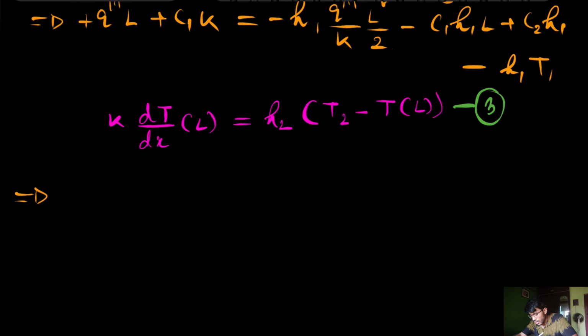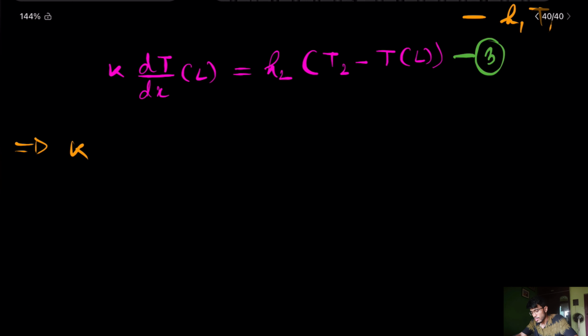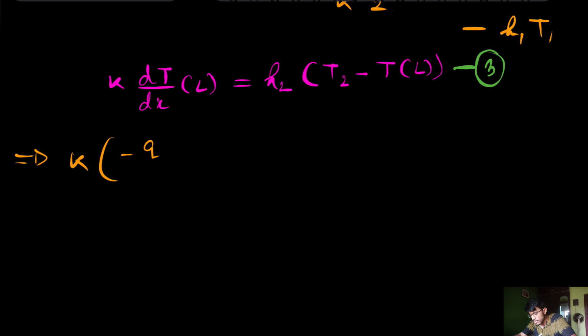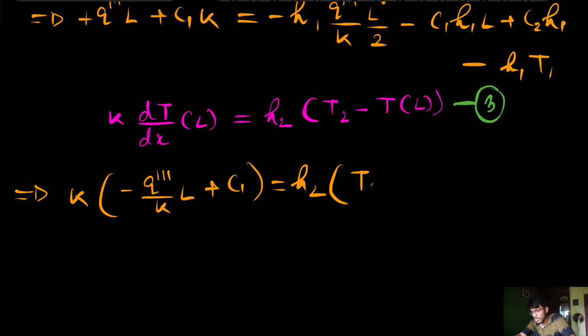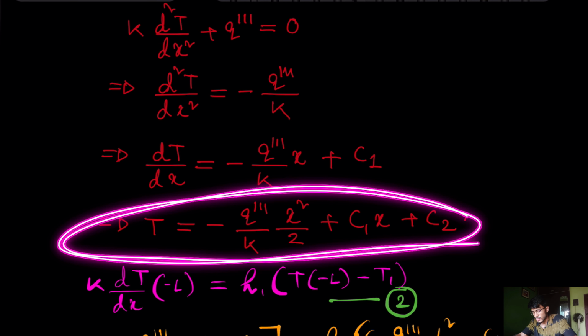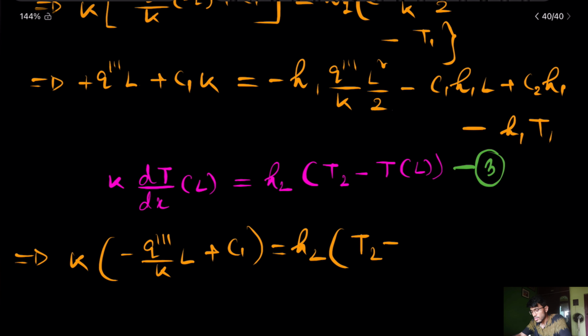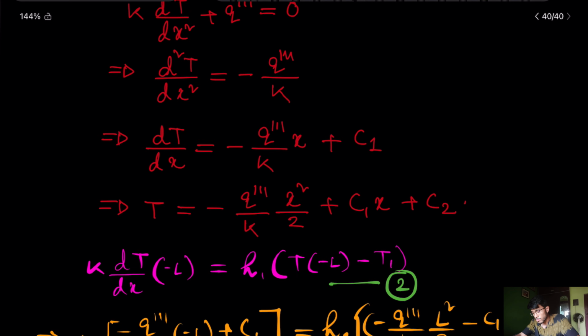So here again I will put k into dT/dx at x equal to L. So you put here x equal to L, so that will be k into minus q triple prime by k into L plus c1, is equal to h2 into, now T2 is given, minus T at L, so you put here x equal to L. Let me put a second bracket here, so it will be minus q triple prime by k L square by 2 plus c1L plus c2, this will be the equation, right?